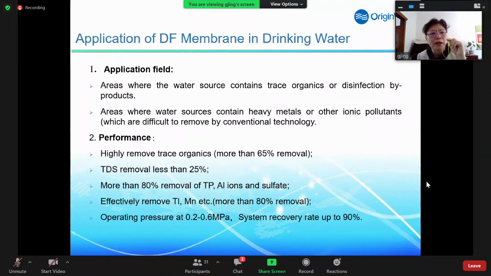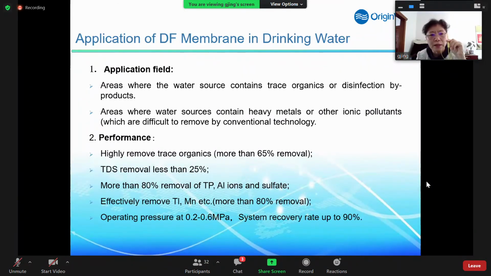For the nanofiltration process performance, we can highly remove trace elements, and also remove total phosphate, aluminum and sulfate, and can effectively remove thallium and some other metals.